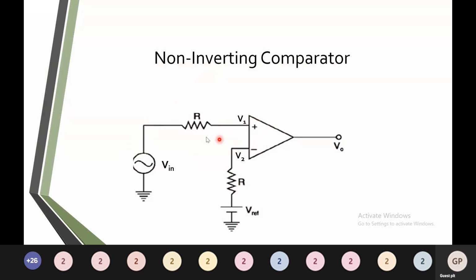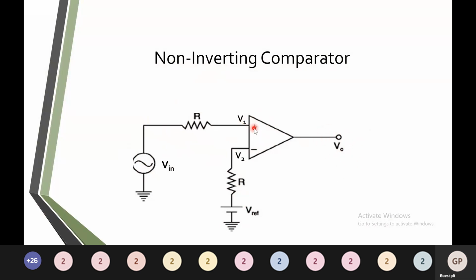It will compare this voltage and this voltage. Whenever Vin is greater than V reference, that is, the positive input is greater, your output will become plus VSAT. Whenever V reference is greater than Vin, your output becomes minus VSAT. So the output is going to be either plus VSAT or minus VSAT, depending on the difference.